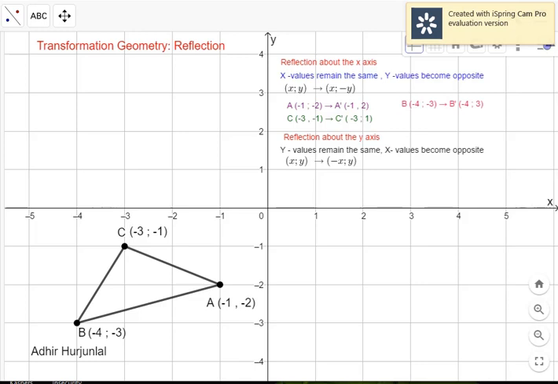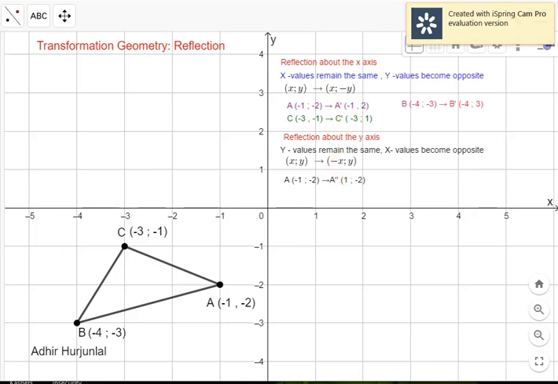If I take point A, which was (-1, -2), the reflected now becomes (1, -2). You will notice that the y remains the same. It is the x value that changes the shape. Now don't worry about this double prime that I have here. I just put it so you'll be able to see the difference between that and the original reflection.